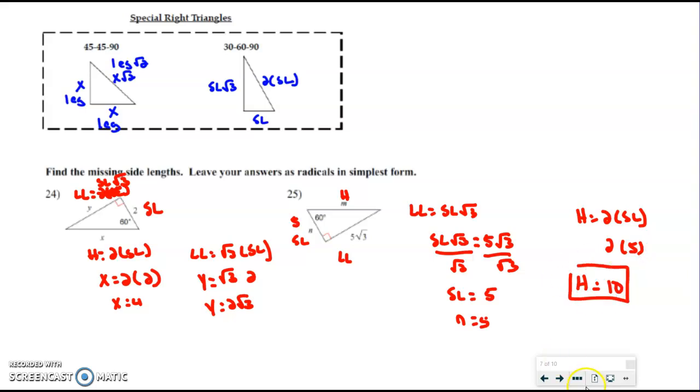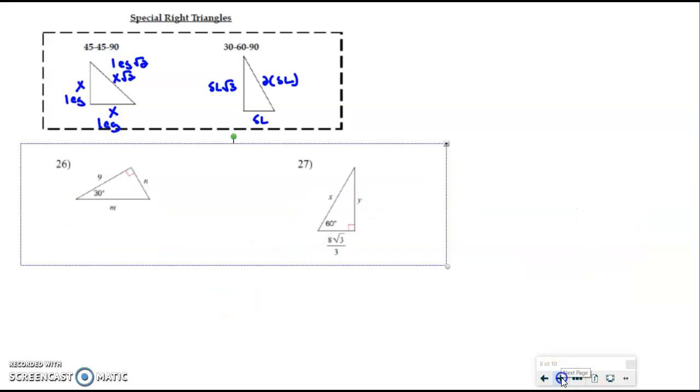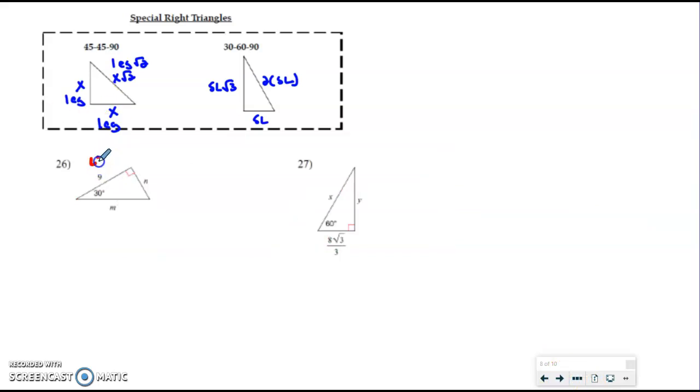Okay? Let's look at 2 other ones with this. In this case, I know my long leg. My long leg is my short leg times the square root of 3. My long leg is 9. My short leg is n, so I'm just going to put an n there. n times square root of 3. And then I'm going to divide both sides by square root of 3.